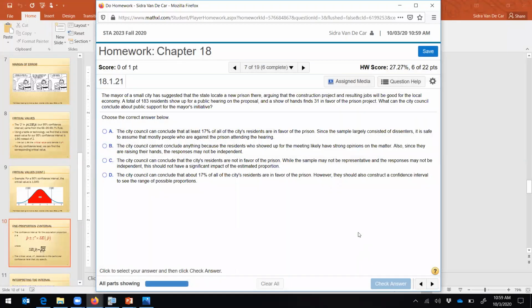The mayor of a small city has suggested that the state locate a new prison there, arguing that the construction project and resulting jobs will be good for local economy. A total of 183 residents show up for a public hearing on the proposal, and a show of hands finds 31 in favor of the prison project. What can the city council conclude about public support for the mayor's initiative?